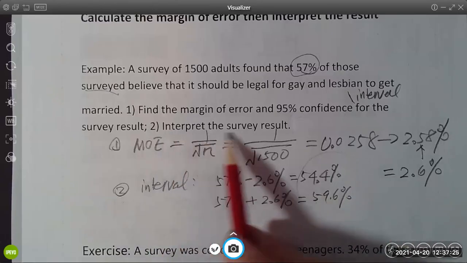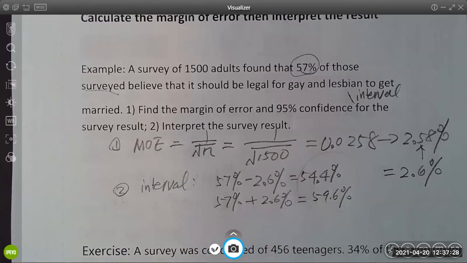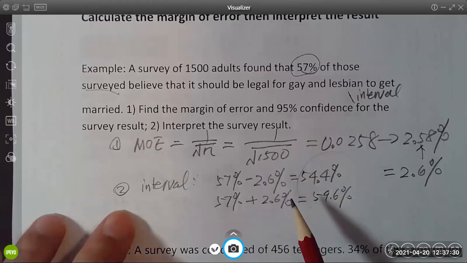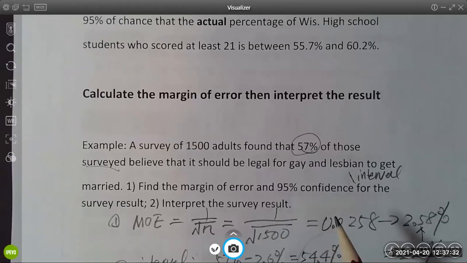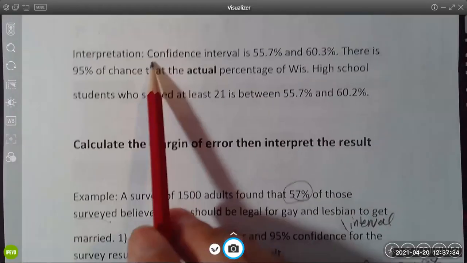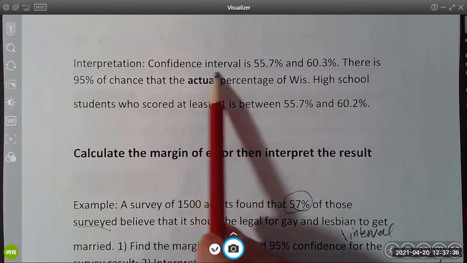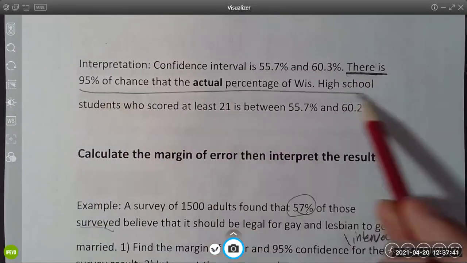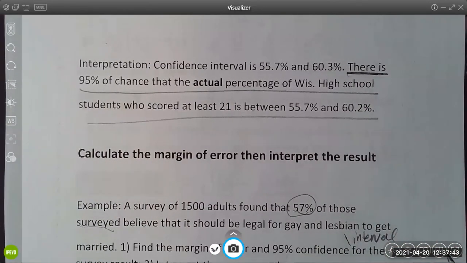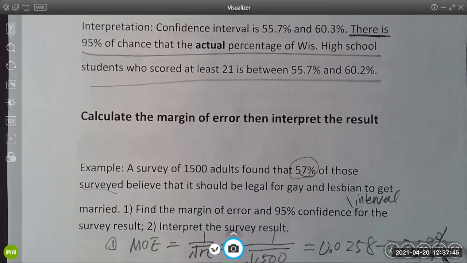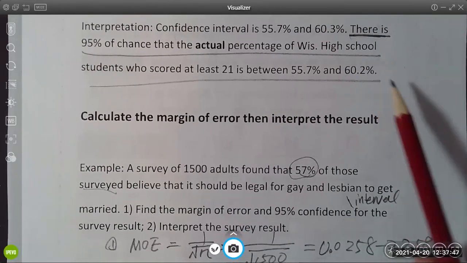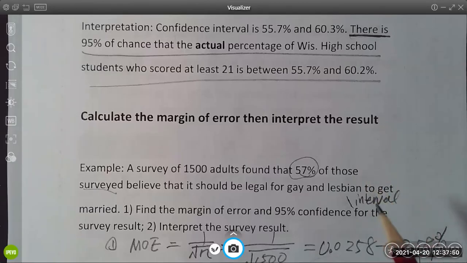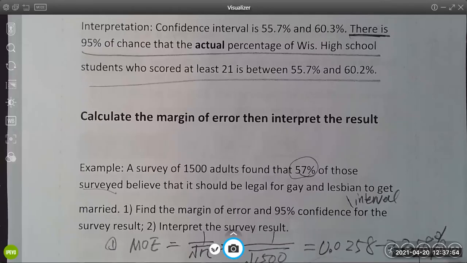Now the interpretation part. Basically it's like a template. You follow this kind of format, starting from here. This is how you interpret it. So if I use the same format, I would say there is a 95% chance, so always 95% chance, because in this course we only learn the margin of error formula for the 95% confidence level.